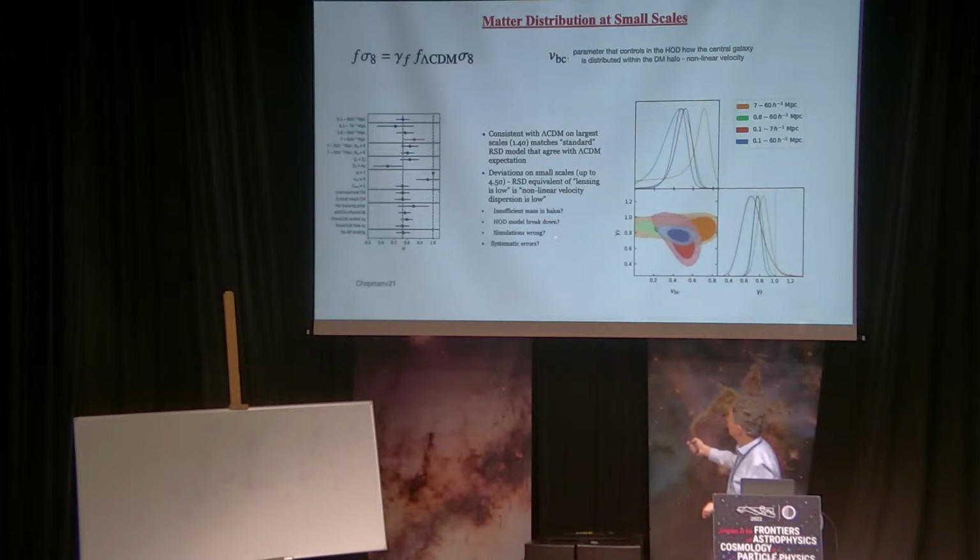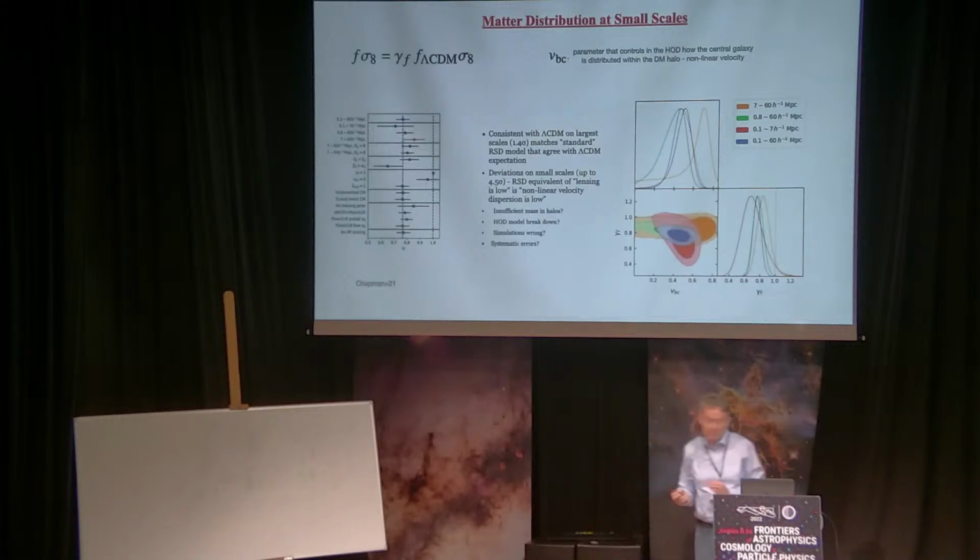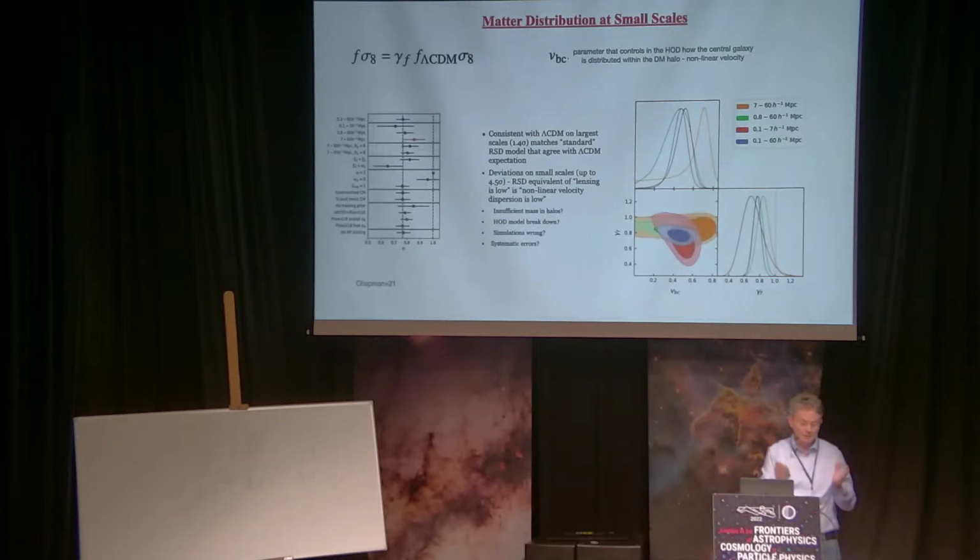The HOD model is breaking down, maybe there is new physics, maybe there are systematic errors. And what you see here is this gamma_f. You would like this gamma_f to be 1, and it's 1 basically only for a subset of this probe. So if you want, it's the same thing that I showed before. It's essentially a modeling of the distribution of matter at small scales compared to the larger scales, exploiting the redshift space distortion at somewhat small scale.